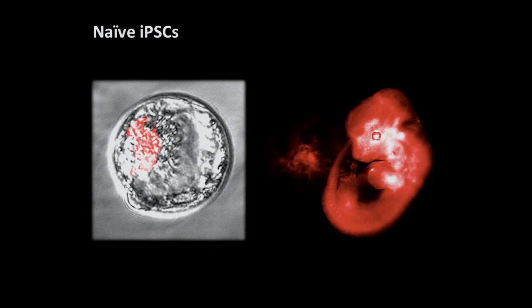And not only that, if you put these naive iPS cells that are generated from your skin back into the early embryos, they can contribute to the embryo development and give rise to chimera embryos, with the cells contributed by these naive iPS cells labeled in the red color here.